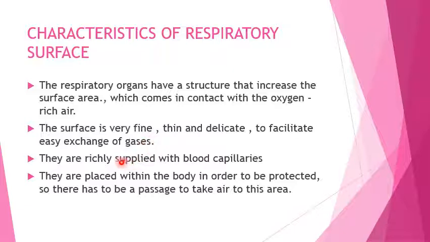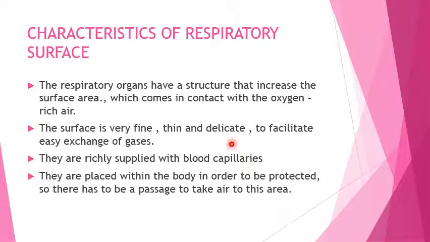They are richly supplied with blood capillaries so that exchange of gases takes place. They are placed within the body in order to be protected, so there has to be a passage to take air to this area. So they have a complete pathway through which we take the air and reach that particular organ.